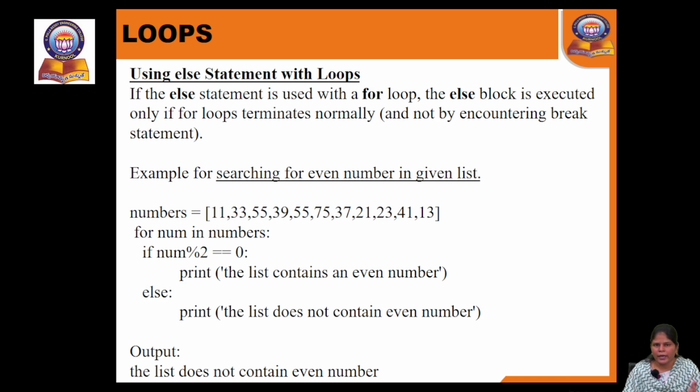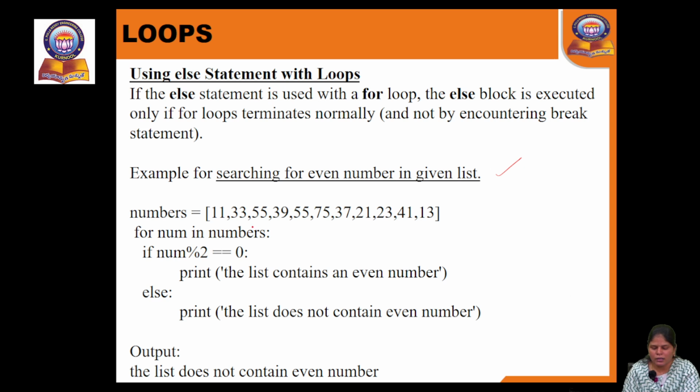So in the while loop, as we are using the else statement, in the for loop also you can use else. If you have any statements to be executed when the condition in the for loop is false, then in such a case you can use the else part. So I am considering numbers; searching for an even number in a given list is my program, right?